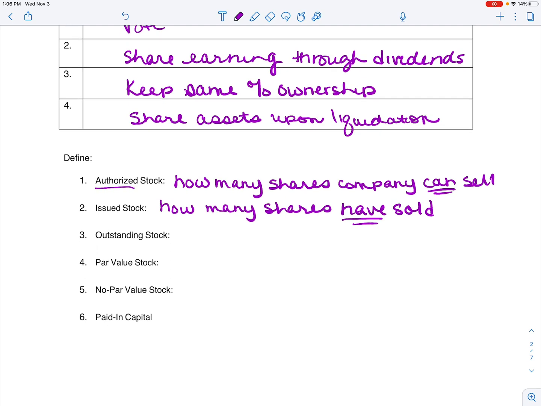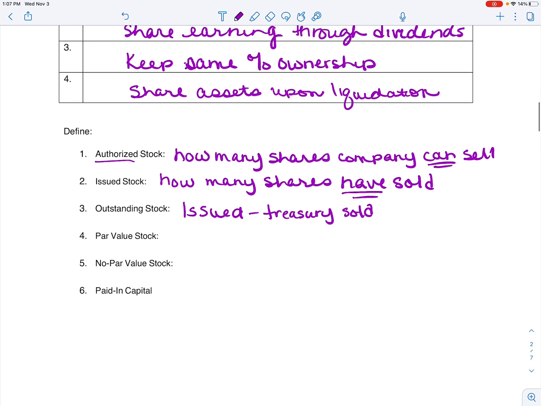And then outstanding stock is the difference between issued shares, so how many are out there, and your treasury stock, which we'll explain here in a little bit. Treasury stock is stock that the company buys back of its own shares. So outstanding stock is shares of stock that are sold outside of the company.